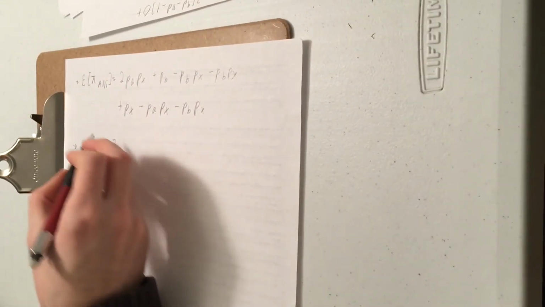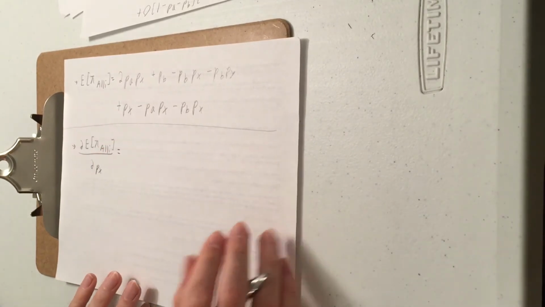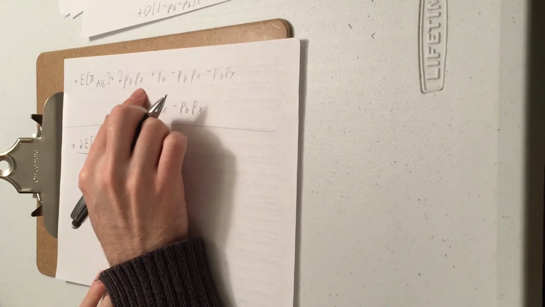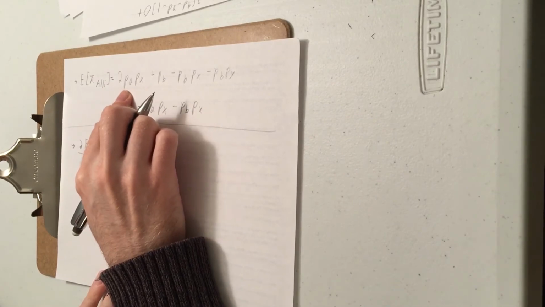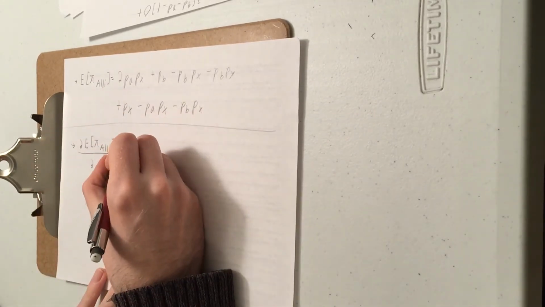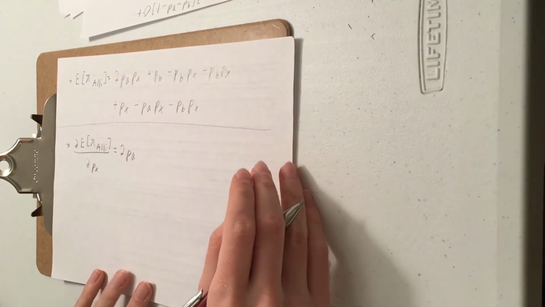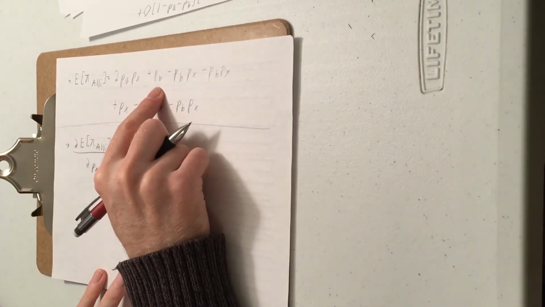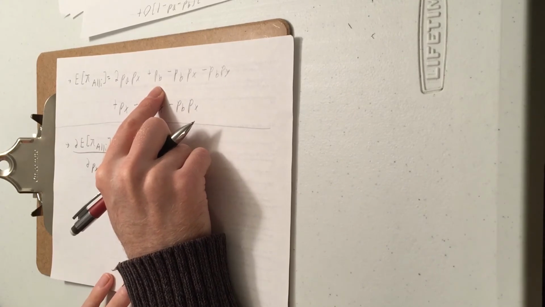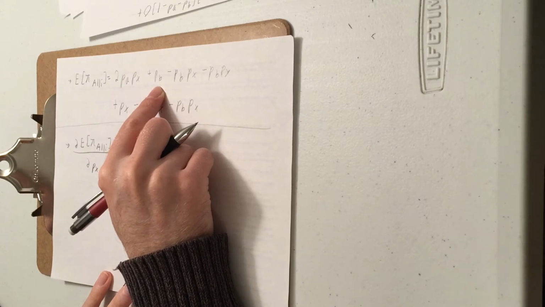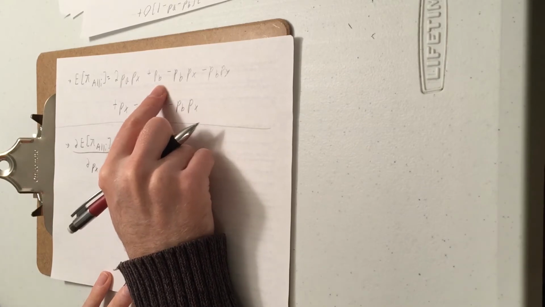Let's start with PX. So the partial derivative of this with respect to PX is 2PA. No PX's here. We treat that as if it were a constant. Derivative of a constant's always 0, so that goes away.